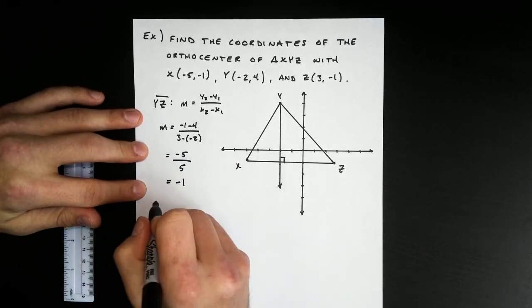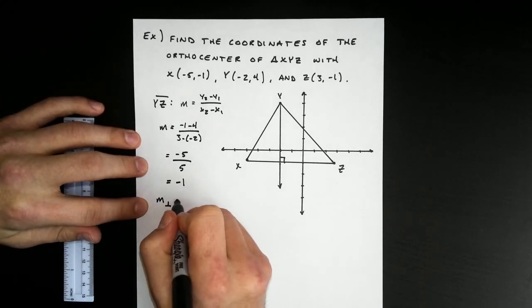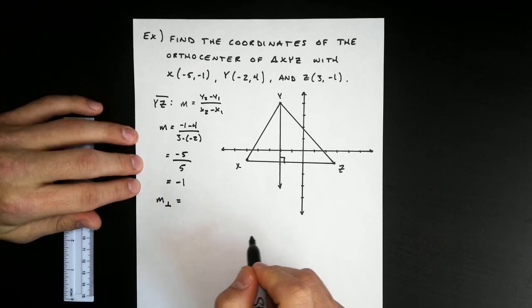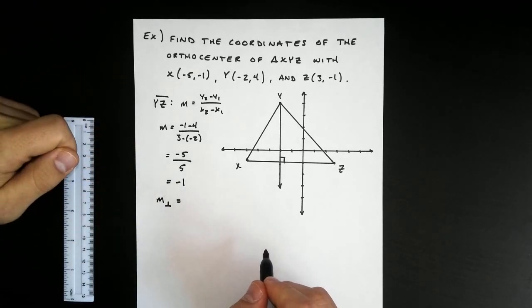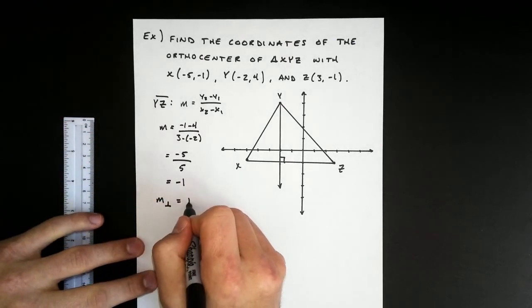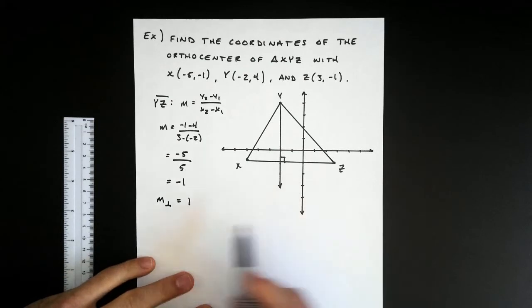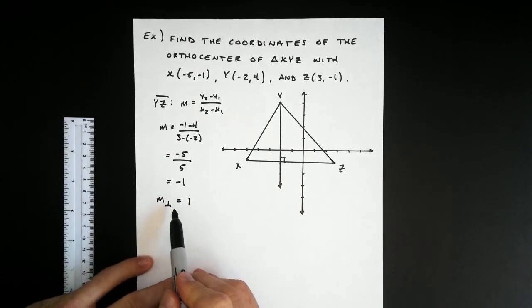If my slope is negative 1, the perpendicular slope to that is going to be the opposite reciprocal. So two parts there. Opposite, we need to switch the sign, and reciprocal, we are going to flip the fraction. So that's going to turn into positive 1. So I know the slope of my altitude is going to be positive 1.